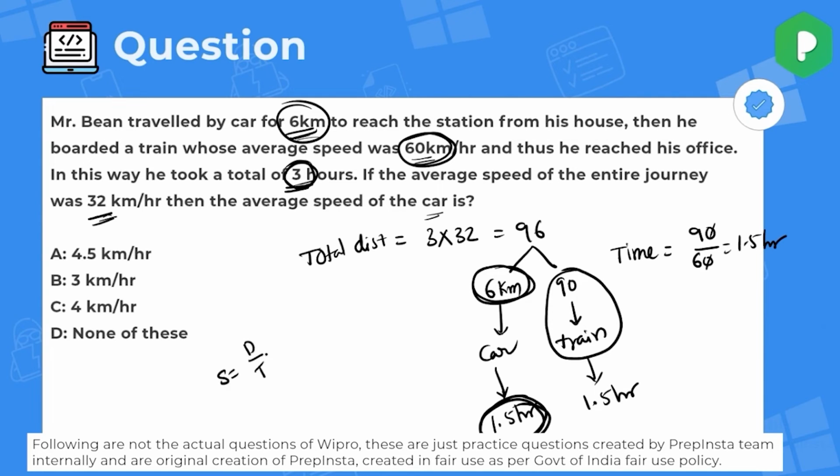Distance by time, which is equal to 6 kilometers by 1.5 hours, which is equal to 6 by 1.5, and 3 cancels 2 times. Here it is 0.5. So the answer is 4 km per hour. Why? Because 0.5 is nothing but again 1 by 2, right? So 2 went to the numerator part and it will multiply, and you will get 4 km per hour as your answer.